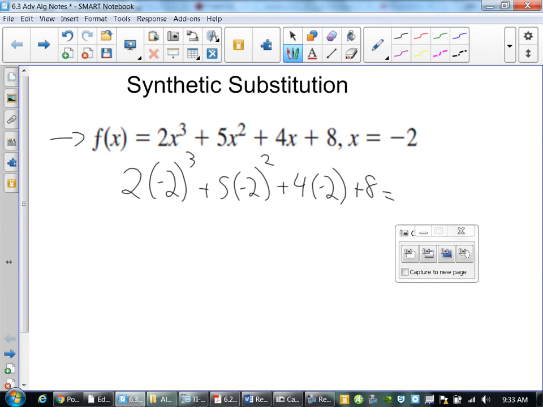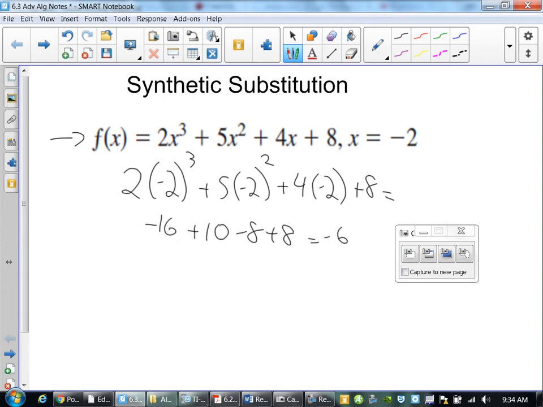In this case I have a 3rd degree polynomial, which means how many terms should I have? 4: a 3rd degree, 2nd degree, 1st degree, and a constant, which is our 0 degree. So long form, -8 times 2 is -16, plus 20 minus 8 plus 8, you wind up with -6, because the 8s cancel.